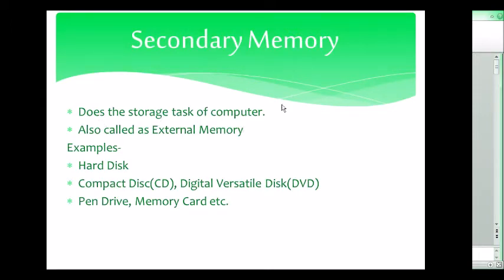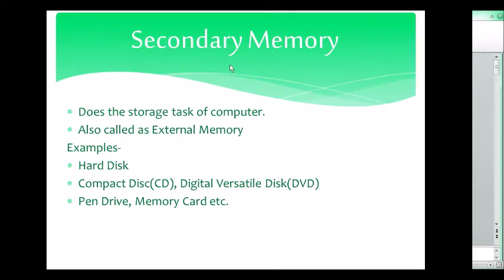All the things we are storing, we are saving, or any files like Word documents or any contact details or any other data, Excel files, anything, or photos, movies, videos, any data we are storing, that is stored in secondary memory. That is why this is also called external memory.